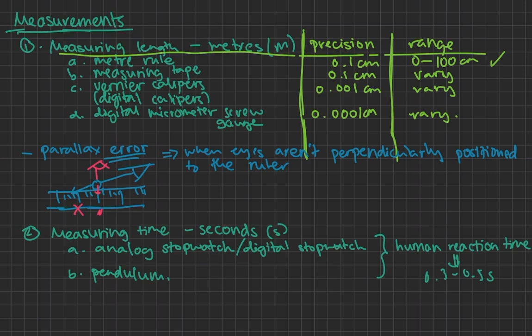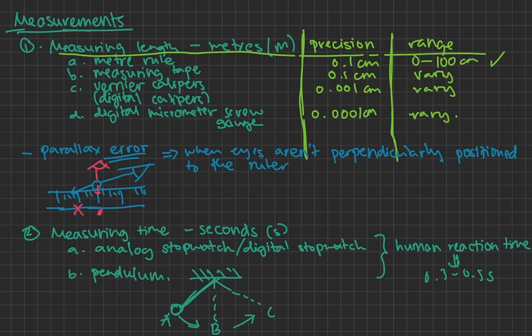For the pendulum, how does the pendulum work? Imagine this is a pendulum, right? If there is a ball suspended with this string over here, and it is then swung to A, B, C, you would have to count the number of oscillations.